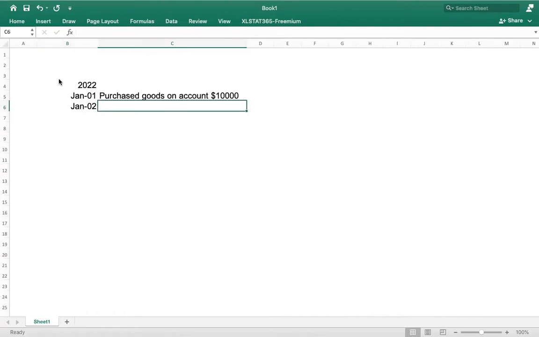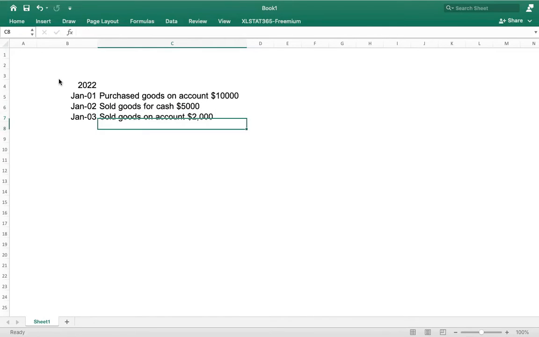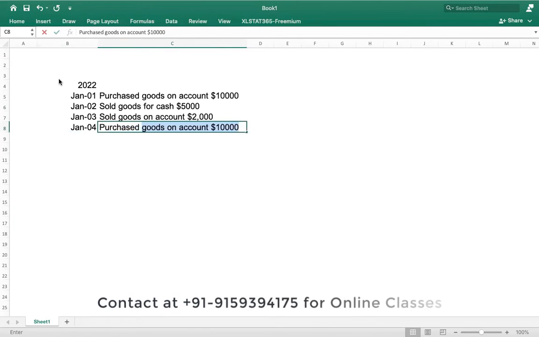Jan 2nd, sold goods for cash, $5,000. Jan 3rd, sold goods on account, $2,000. Jan 4th, purchased goods, not purchased, let me give another transaction. Paid carriage, $200.